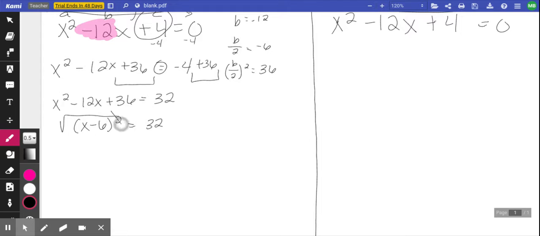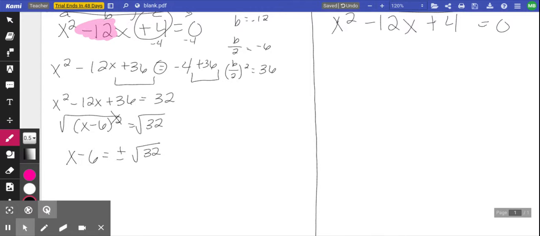Now, taking the square root of both sides, I get x minus 6 is equal to the positive and negative version of the square root of 32. As a reminder, the square root of 32 can be simplified because 32 has a perfect square factor. I know that 32 is divisible by 16, and 16 is a perfect square.